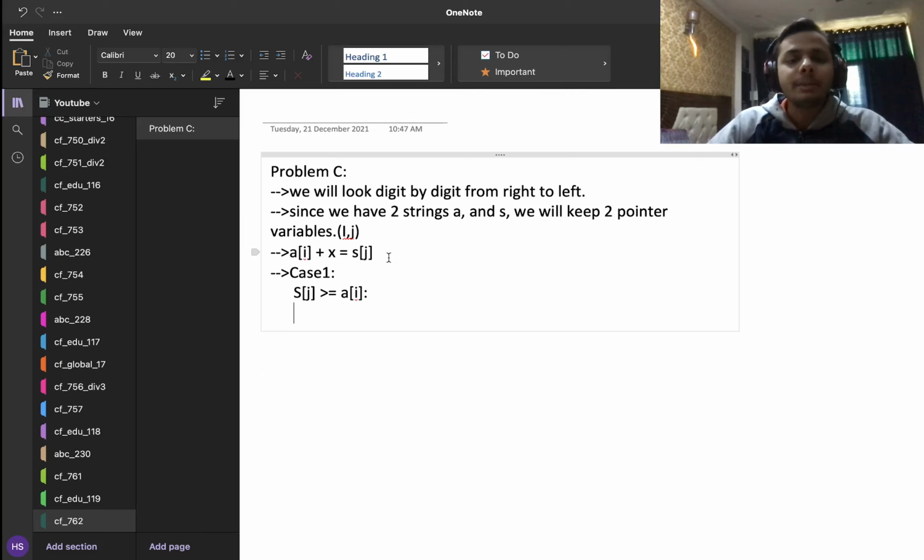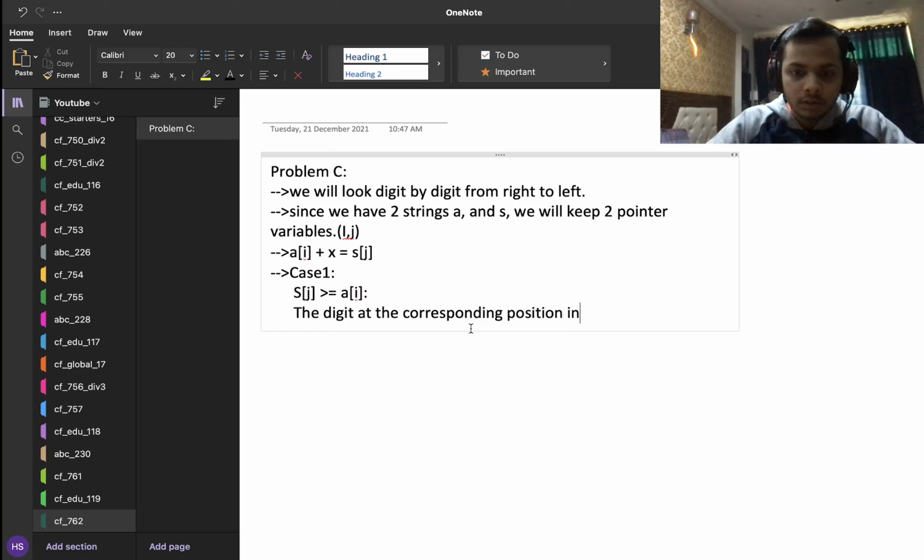And the reason for that is simple, because if we have a digit n and we do a carryover, then we will be left with a digit which is strictly smaller than n, right? So in case 1, we can say that the digit at the corresponding position in B is nothing but S of J minus A of I. And once we do that, we know that we don't have to do anything else, so we will just do I minus minus and J minus minus, right?